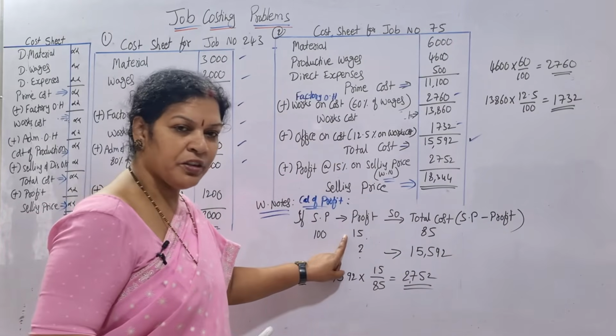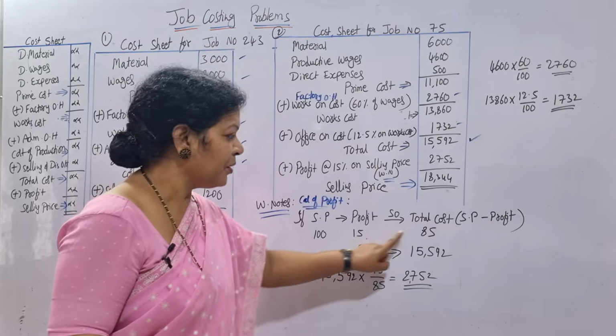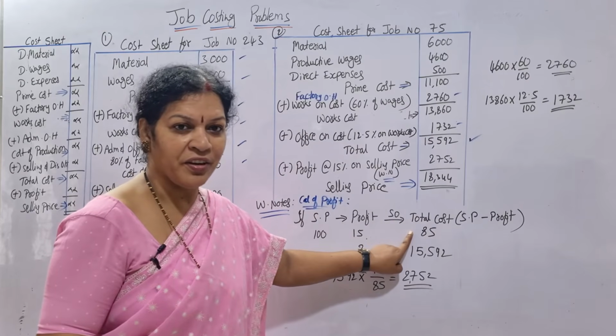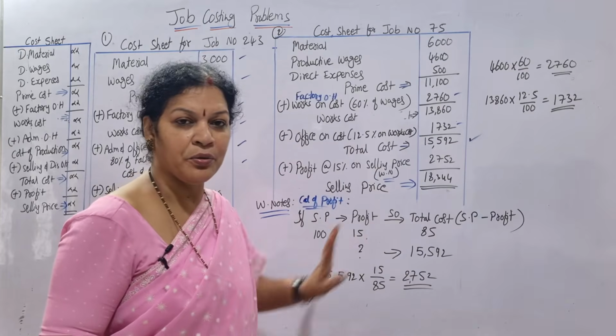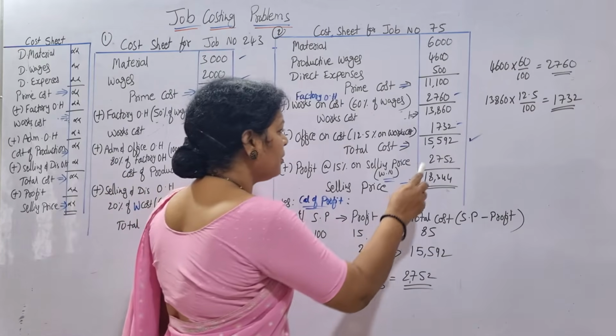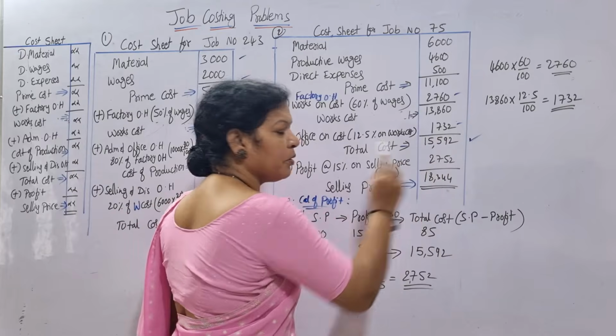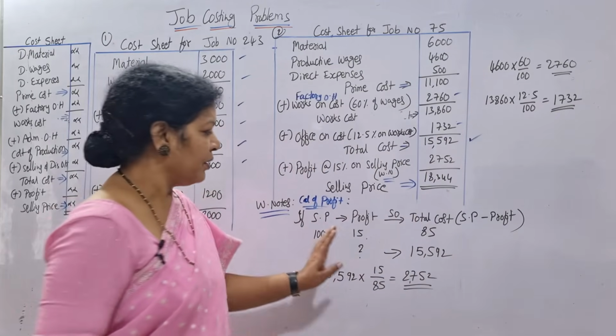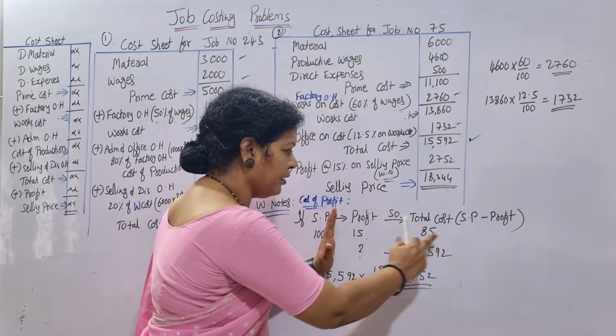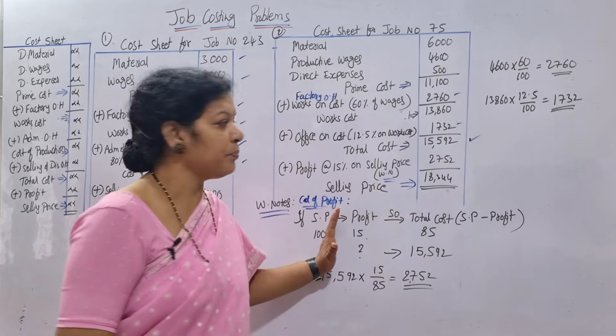This is selling price minus profit, 85. If profit is 15%, total cost is 85, isn't it? How did you get 85? 100 minus 15, 85. Here total cost we have already done, 15,595. When profit is 15, total cost is 85.